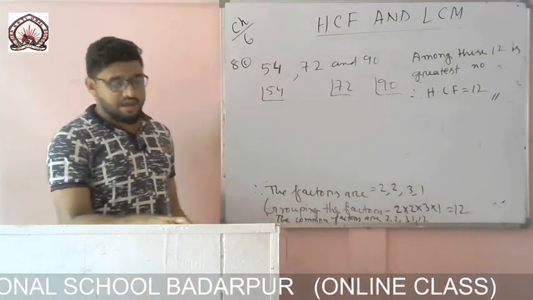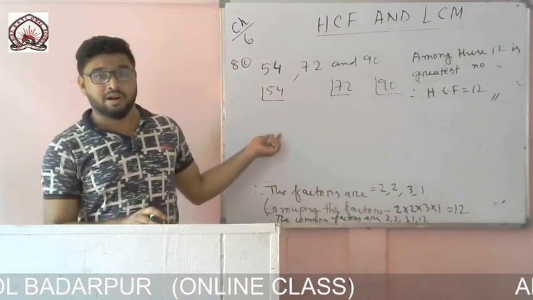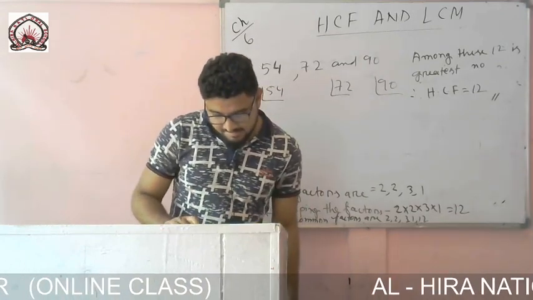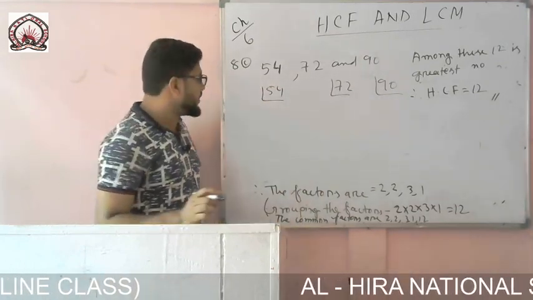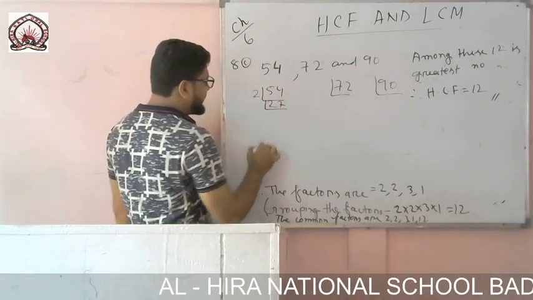So the process with which we are finding this is prime factorization. Okay. So 54 with 2, 2 2s are 4, remain 14. 2 7s are 14.